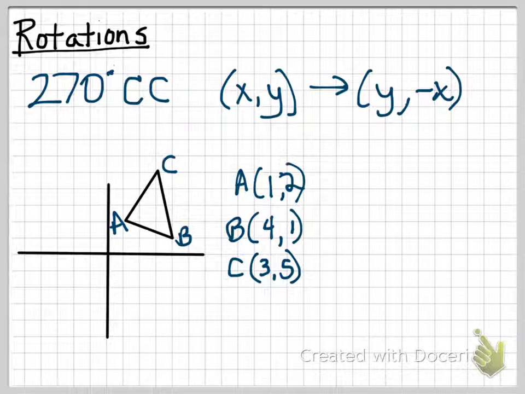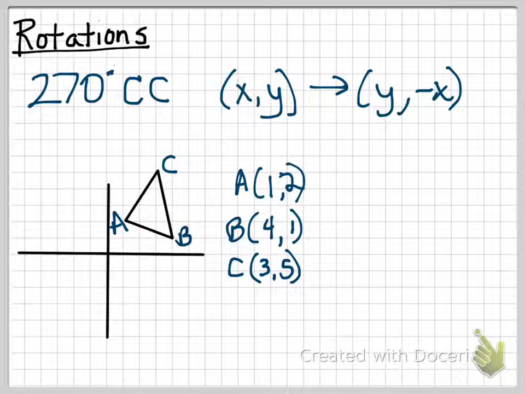If we look at the 270 degree rotation, my rule is, if I'm going counterclockwise, we're going to change it from (x, y) to (y, negative x). So if I do this, I'm going to start with A, again, originally at (1, 2).